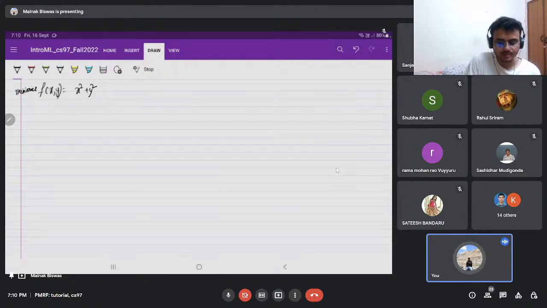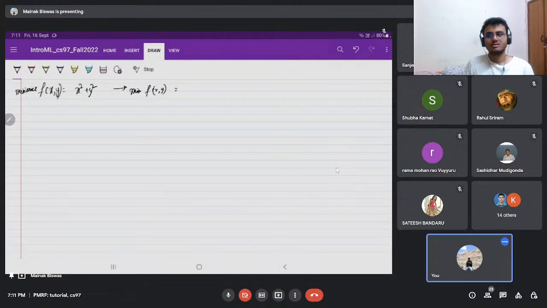What is the minimum value of f of x, y here? What is the minimum of this function? 0. So 0.